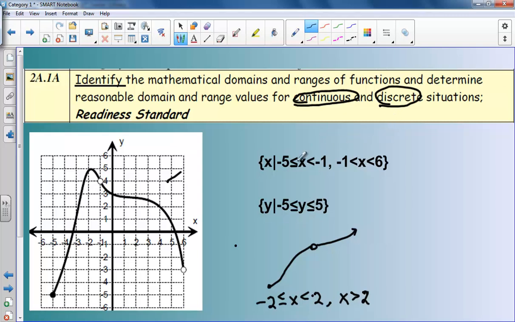The only time it's discrete is if you have separate dots that are not connected, and even if they are in a line like this, if they're not connected, when they give you the picture, they give you the example, then it's discrete, not continuous. But if it has any line on it at all, it's continuous, and then you're writing it with inequalities, whereas discrete, you're writing it as name those points, list the x and y values.